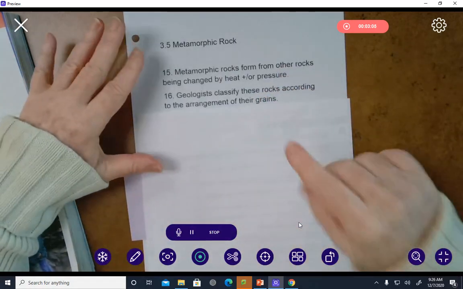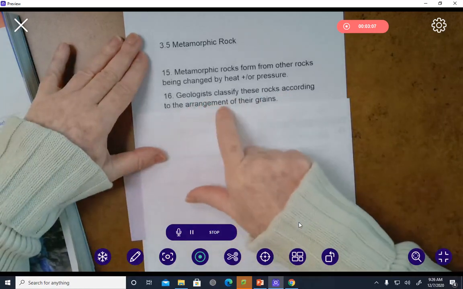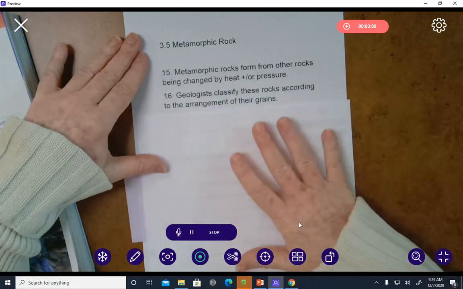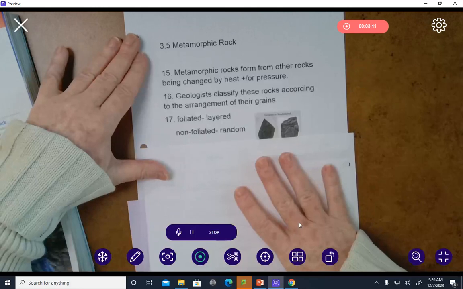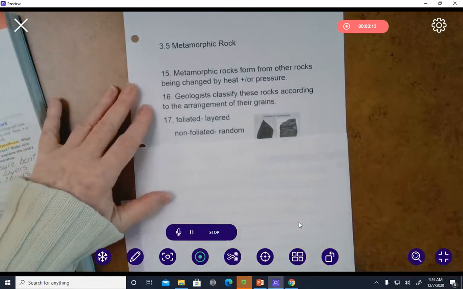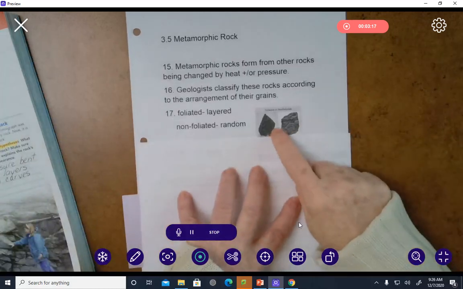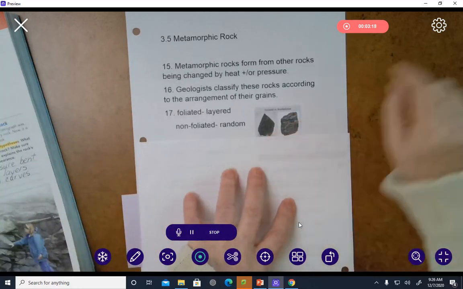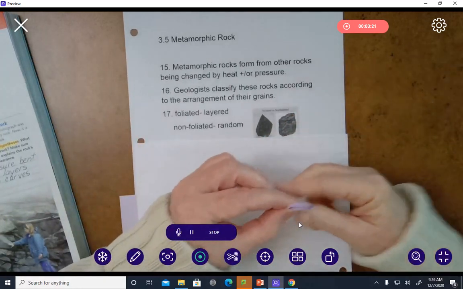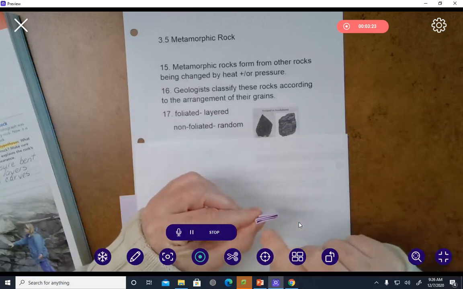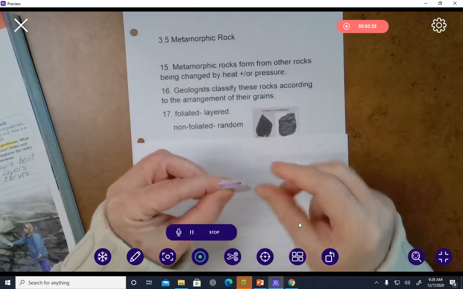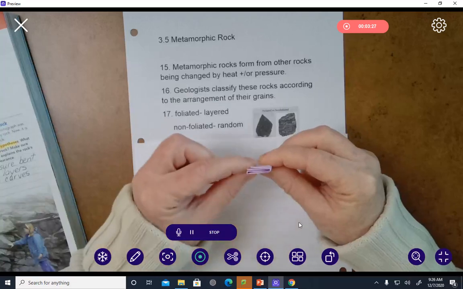All right, so when we talked about classifying according to the arrangement of their grains, and it was banded and non-banded, I think this is what they were talking about when they call it foliated or non-foliated. In other words, we can see bands or folds. Remember when we were reading it and I said foliated, if you think about the word fold, you can kind of see layers there.